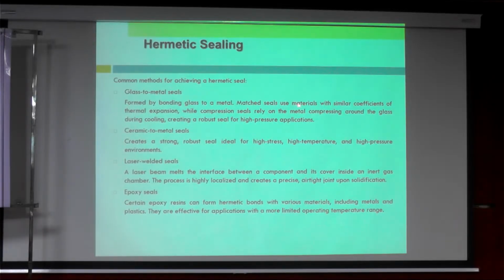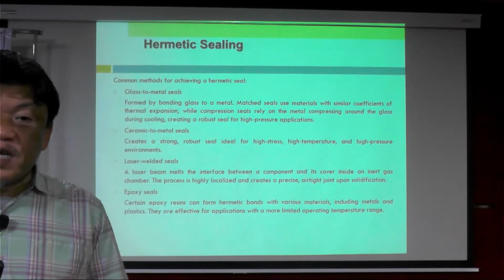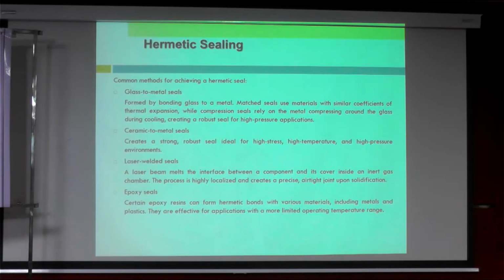So for match seals we use a controlled thermal expansion, meaning the use of both materials with quite similar thermal expansion coefficients. And ceramic to metal seal creates a strong, robust seal ideal for high stress, high temperature, and high pressure environments.